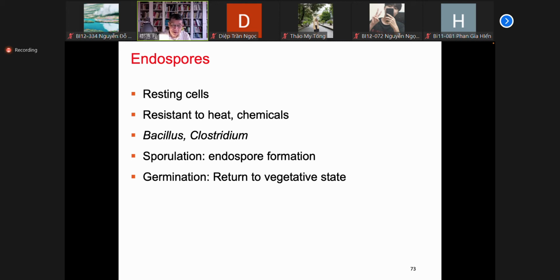Clostridium is also gram-positive, a spindle-formed gram-positive cell. So these two genera of gram-positive bacteria form endospores. Some archaea seem to form endospores. So the ability to form endospores is quite limited.